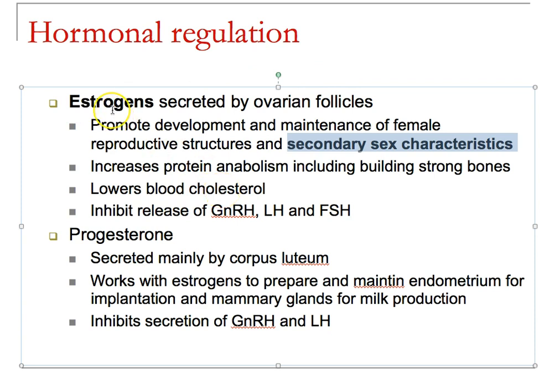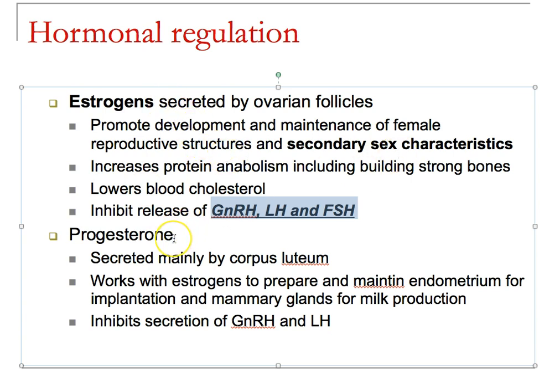That means if you have fewer estrogens, you should have higher cholesterol. And as estrogen concentration increases inside the bloodstream, you'd expect to see an inhibition in the release of these 3 hormones. Okay, so think of this as a series of reasoning steps. If we know this happens, what happens here? And if this happens, what happens here?